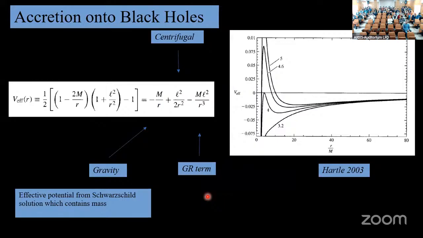So the first thing is the effective potential. If you look into this particular potential, the first two terms correspond to the central field potential of any Newtonian object. The third term, which is L squared by r cubed, is the speciality of a black hole.